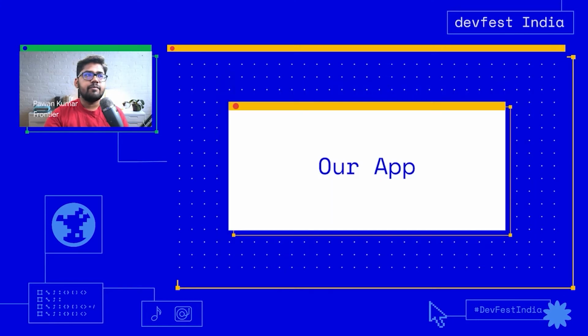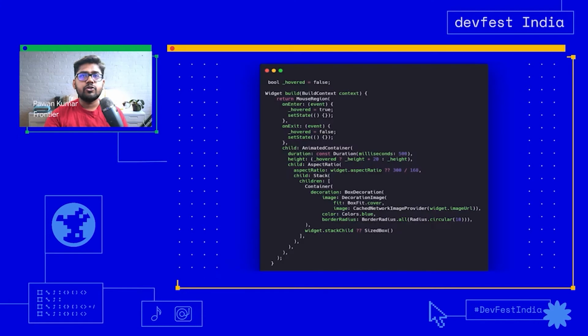So for example, if you see our application, in our application we are also using the MouseRegion widget, as you can see. We have a hovered property which is by default false. When the onEnter callback is called, we set hovered to true, and then when we go to onExit, we make it false.